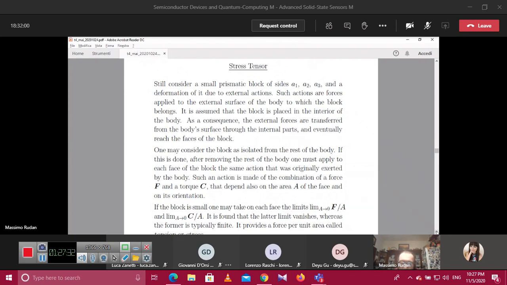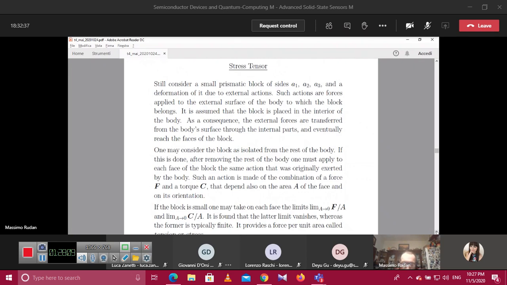And what are these forces? Well, you remember that any system of forces in three-dimensional space can eventually be reduced to two things, one force and one torque. So we have one force and one torque acting on each face of the elementary block that you are considering.